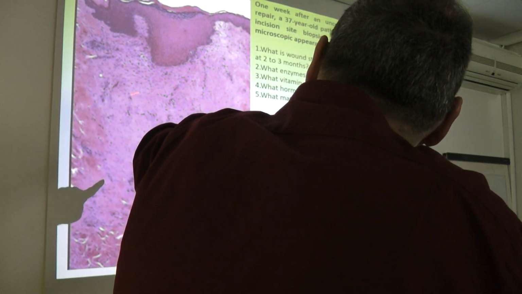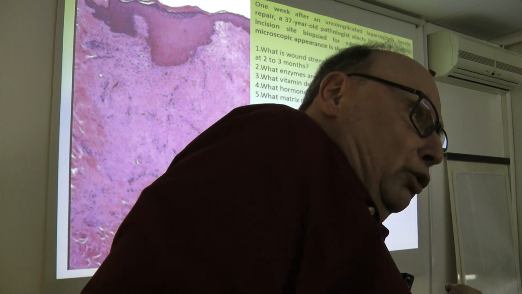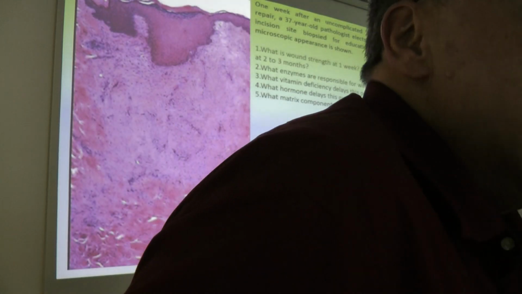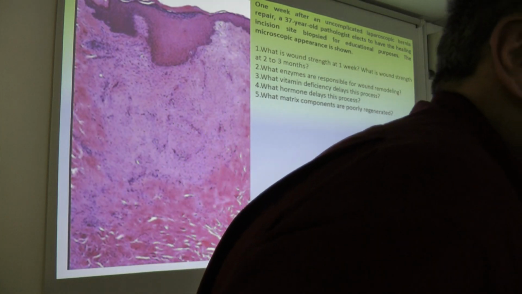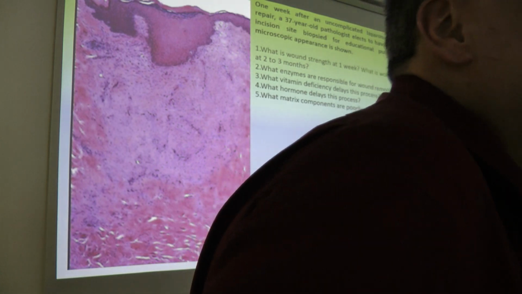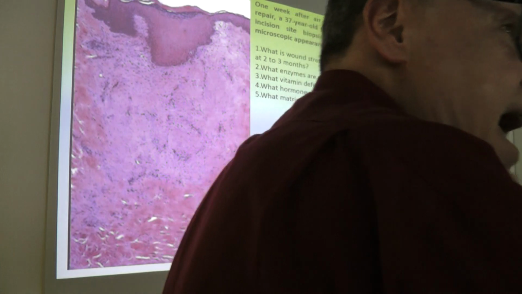Have a look. This used to be what I showed you previously, the inflammatory granulation tissue, but now it has formed a scar. It has formed fibrosis, and the upper part here, the skin, has re-epithelialized.